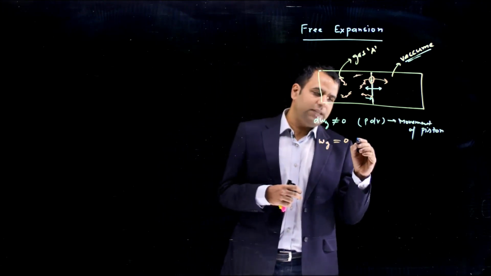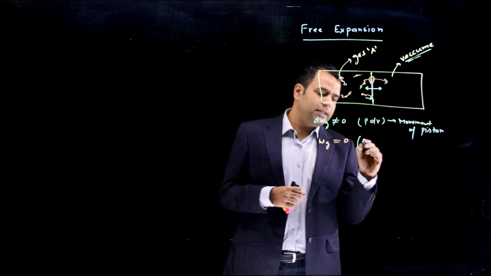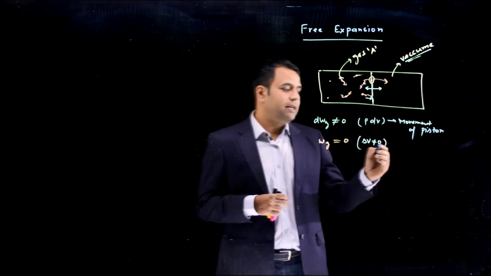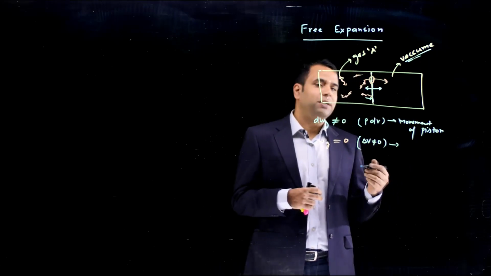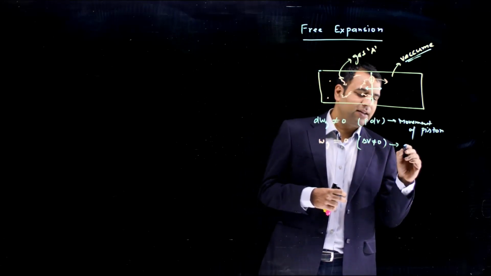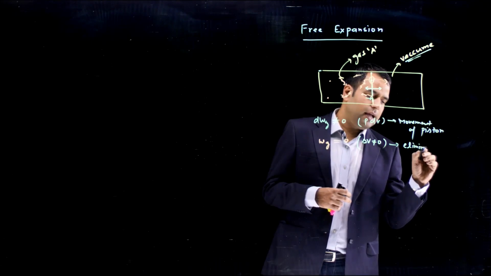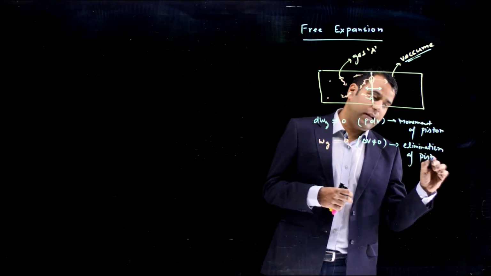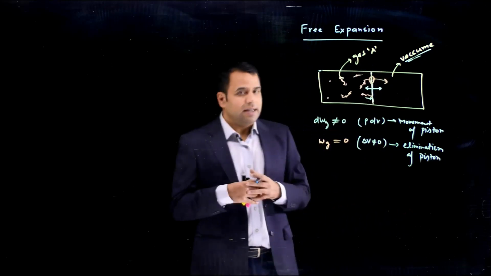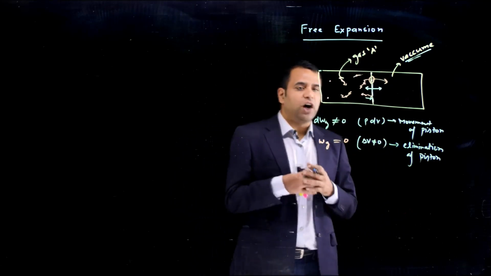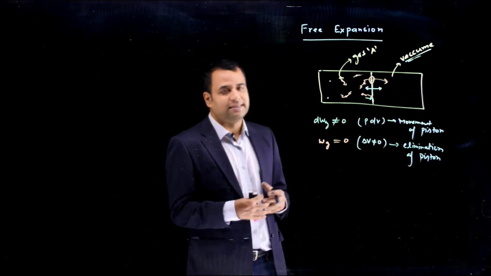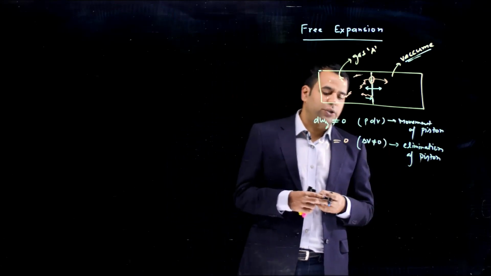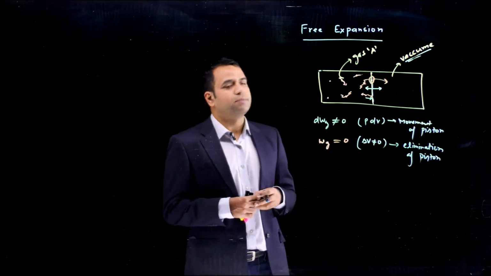But when the volume changes, meaning delta V is non-zero here, volume is changing, but not due to the movement of piston, but elimination of piston, or elimination of boundary. So due to something, suddenly the volume increases without resistance. The volume available for the gas here also is non-zero, but when you calculate the work done, it comes out to be zero.